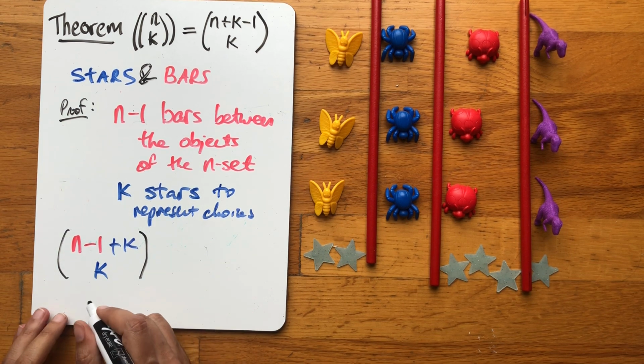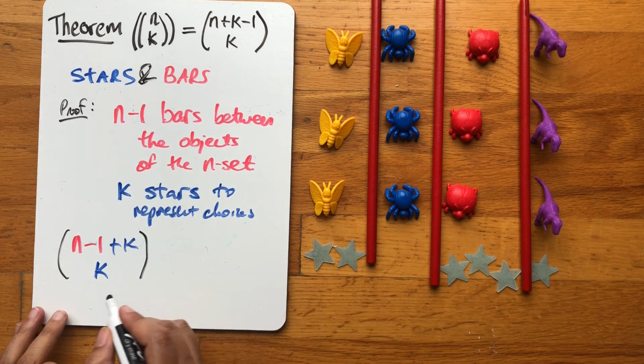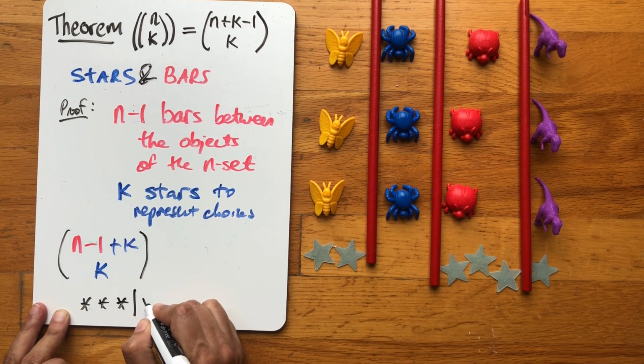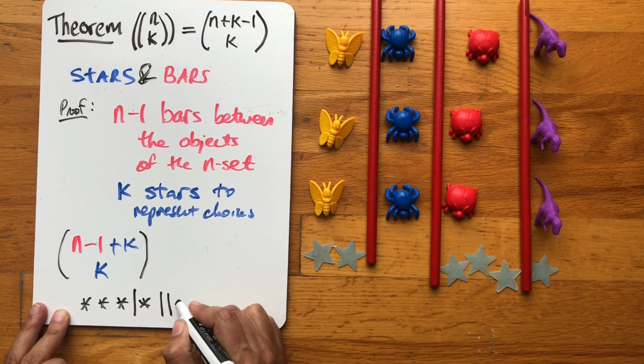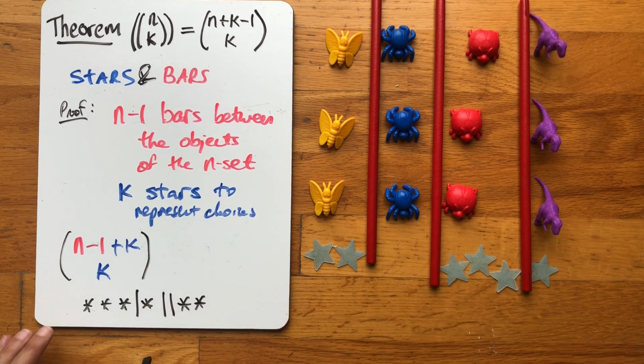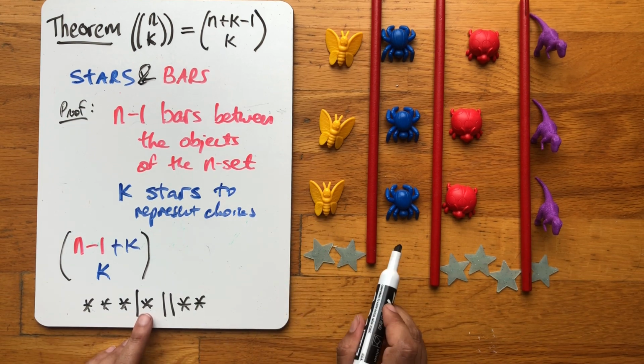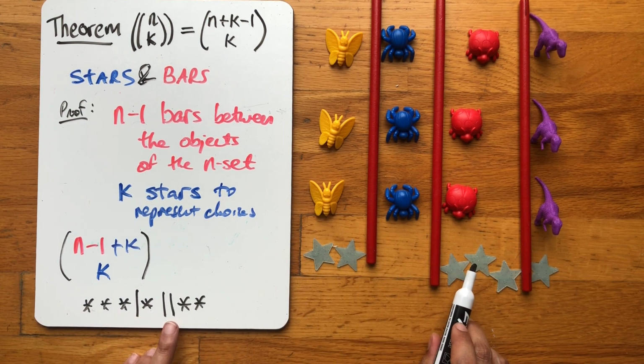If I wanted to choose, for example, star, star, star, bar, star, bar, bar, star, star, this would tell me I want 3 of these butterflies, I want 1 spider, I don't want any ladybugs, and I want 2 dinosaurs. So this is how we can count this.